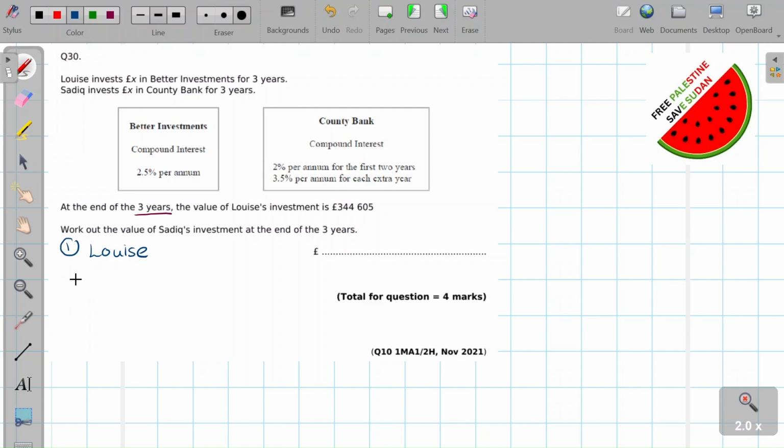So the principal is X, and there's a 2.5% per annum. So I'm just going to do some calculations here.